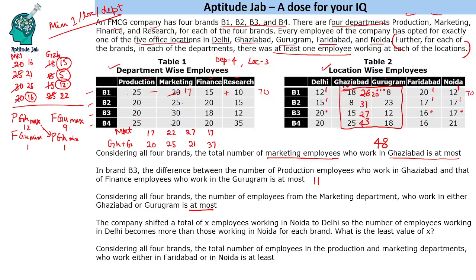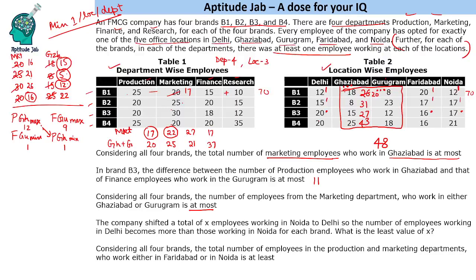Now we will do what we did in the first question. There are 17 employees and there are 20 open slots, so we can assign only 17. There are 22 employees, so we can assign all 22 in Ghaziabad and Gurgaon.